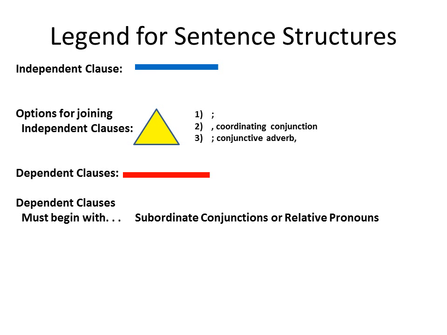Again, there are three things that could go inside that yellow triangle: a plain semicolon, a comma and one of the coordinating conjunctions, or a semicolon, a conjunctive adverb followed by a comma. Dependent clauses are going to be illustrated using a red line, and each dependent clause is going to start with either a subordinate conjunction or a relative pronoun.